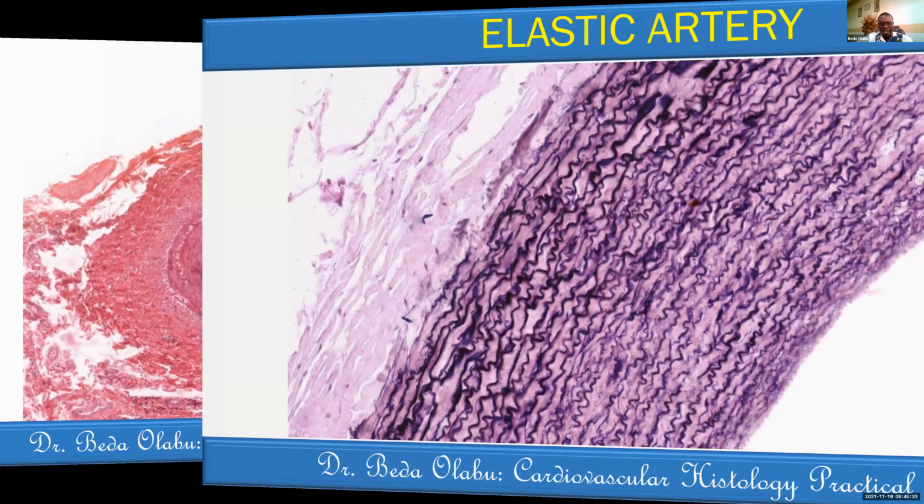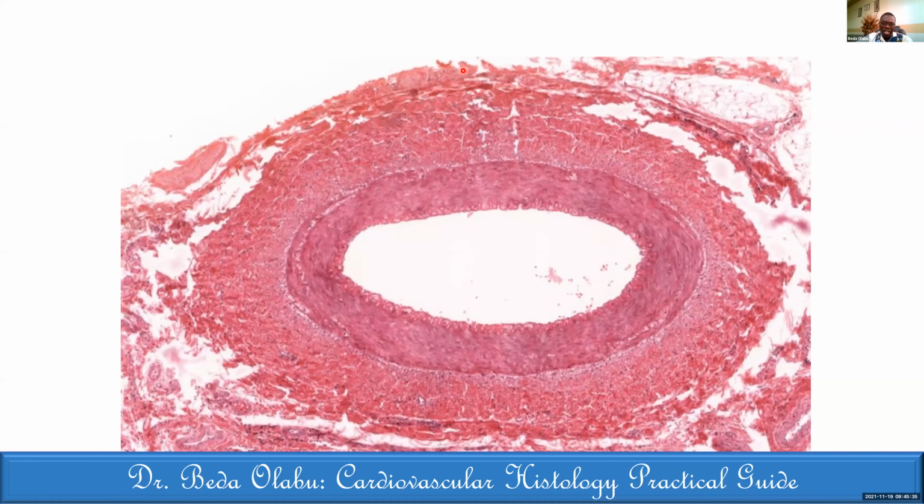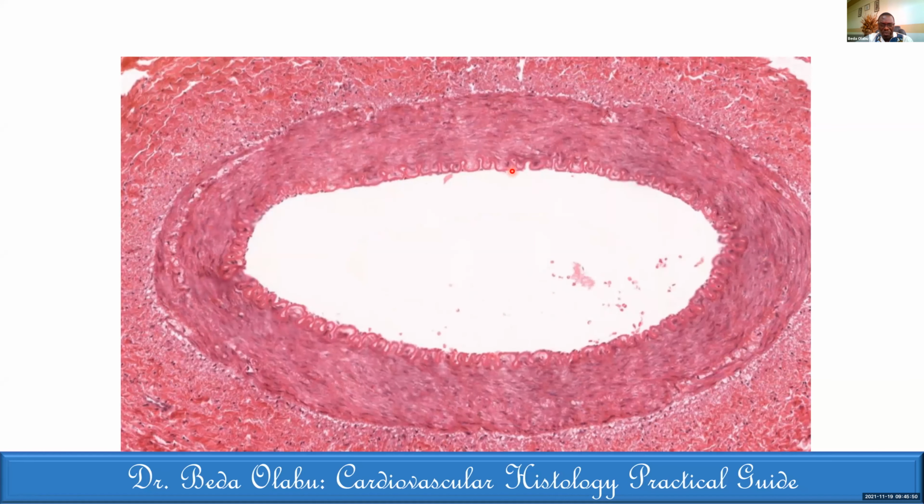But let's look at this one. So this one, the tunica adventitia is really prominent, as we can see. That's the tunica media, and the internal elastic lamina is also very prominent. I can see it even at that magnification there. Maybe this magnification makes the internal elastic lamina better. We can see that wavy thing.